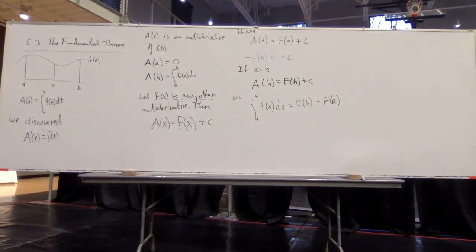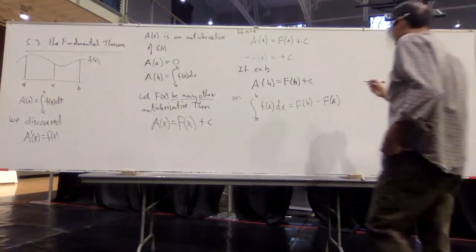That's the value of the integral. That's the limit, as n goes to infinity, of the summation i equals 1 to n, f of x_i star delta x. All I have to do is find an antiderivative, plug in the endpoints, and subtract. Okay, you should be rejoicing. It's a totally amazing result. It's called the fundamental theorem.